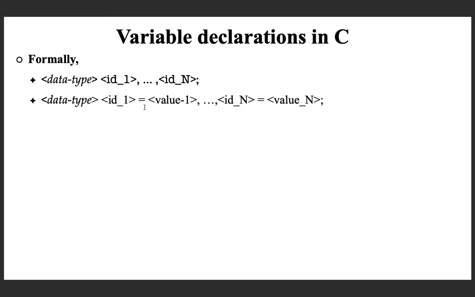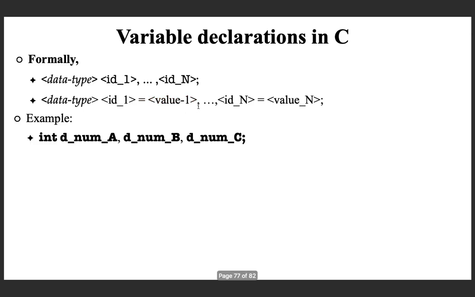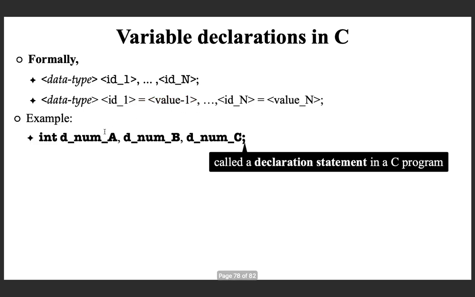And if you are initializing, in addition, you will write identifier equal to value. That's it. An example is here, and this is what is called a declaration statement in a C program: data type, a number of variables separated by commas, and finally a semicolon. And you can also have initialization if you want.